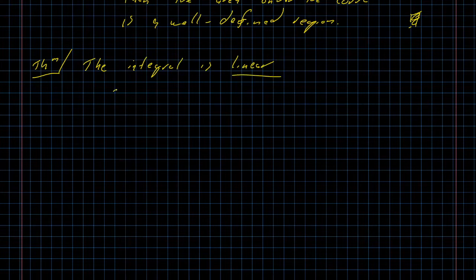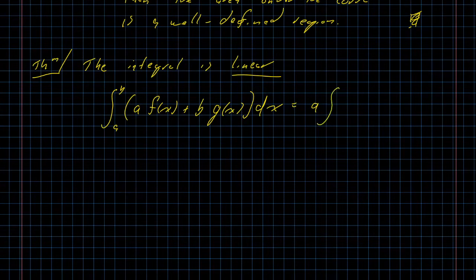Remember that linear means that if I have the integral from a to b of some combination a times f of x plus b times g of x, I should be able to split it up as a times the integral of f of x plus b times the integral of g of x. And to prove this, I'm going to use the limit definition.